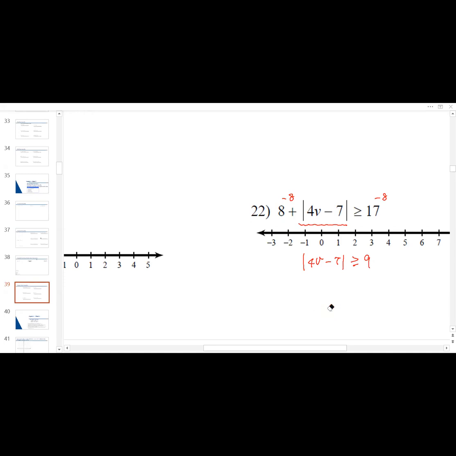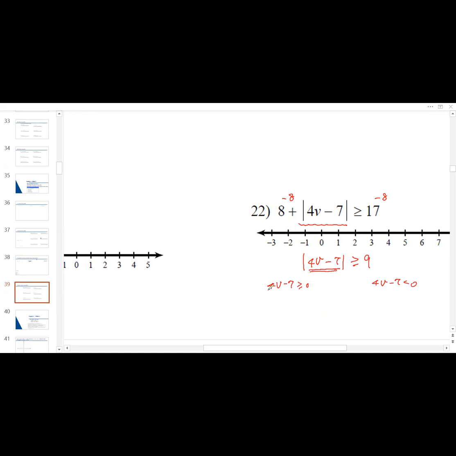So we need two situations, right? We need to judge this part. This part may be greater or equal than 0, or this part may be less than 0. Will it be a positive number or 0?